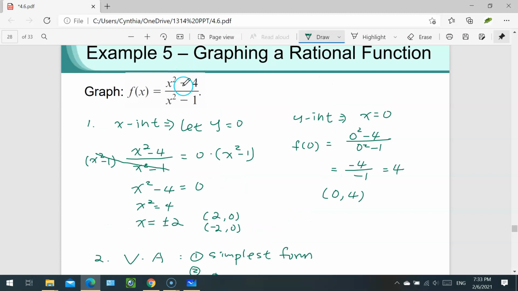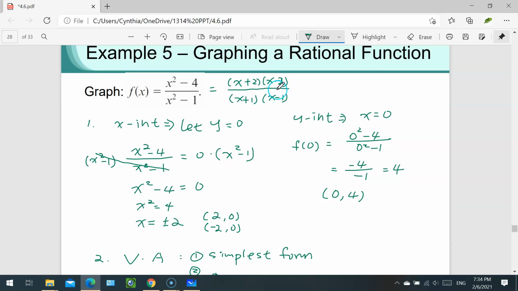When I look at this function f of x, the numerator I can rewrite in binomial form as x plus 2 times x minus 2. The denominator I can rewrite as x plus 1 times x minus 1. Sorry, this is 2.